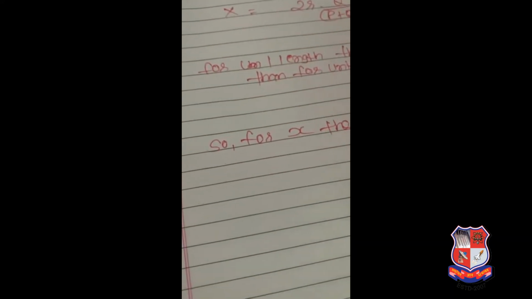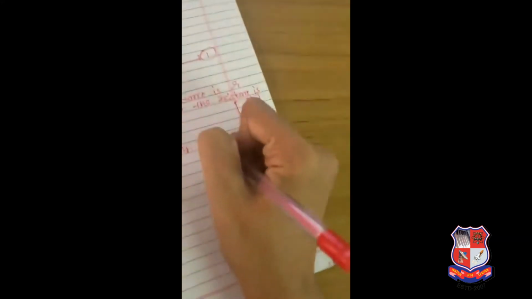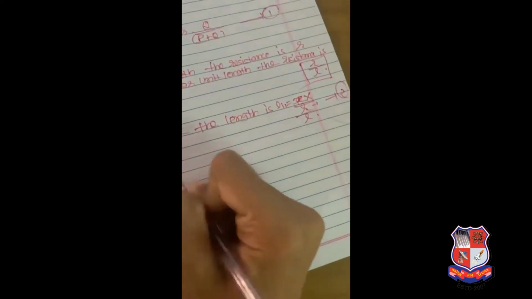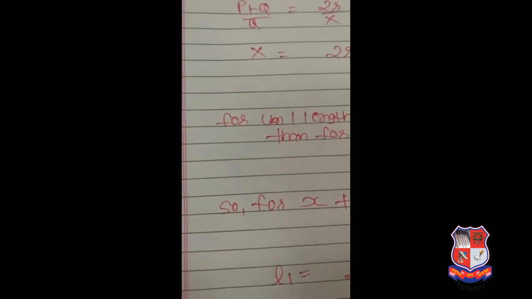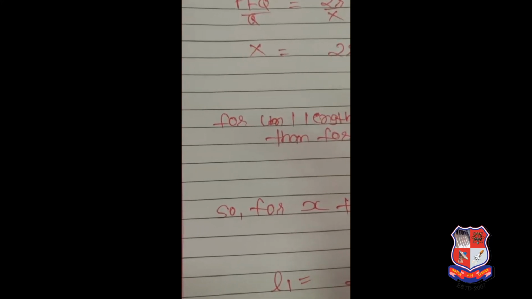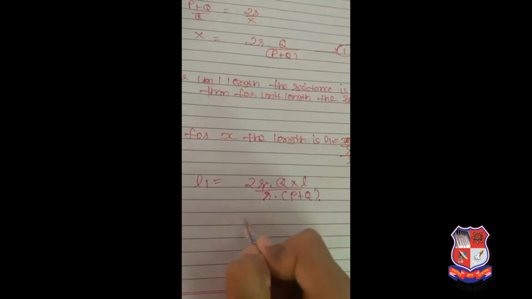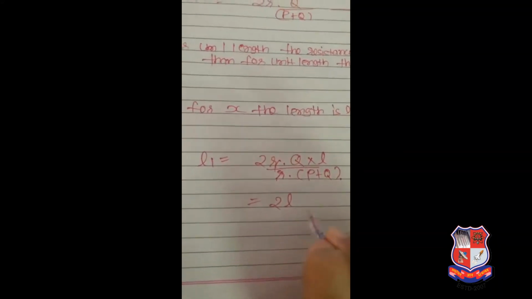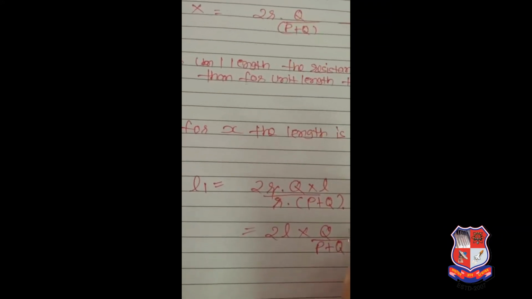So the equation will become L1 is equal to 2r into Q into L divided by r into P plus Q. Cancelling r and r, the equation becomes L1 is equal to 2L into Q divided by P plus Q.